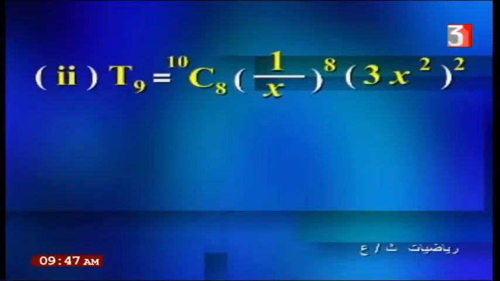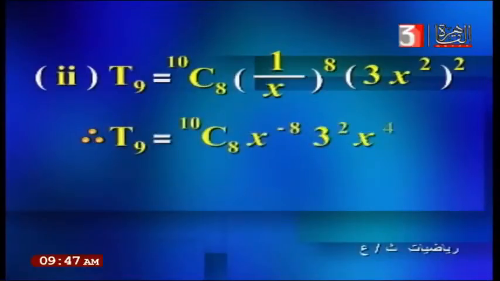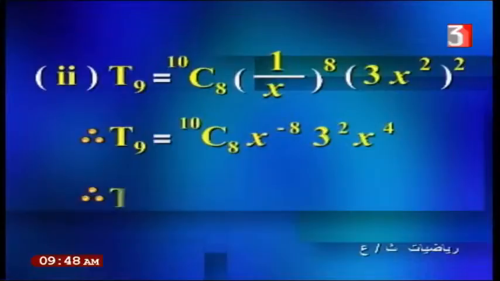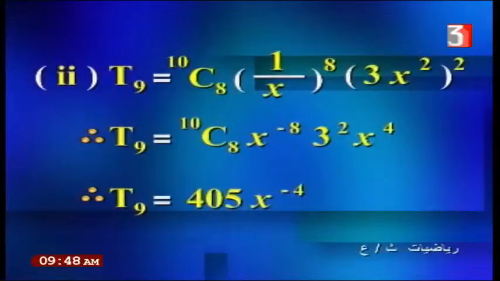Then the value of T9 equals what? 10C8, x power negative 8, 3 power 2, x power 4. Then the value became 405 x power negative 4.